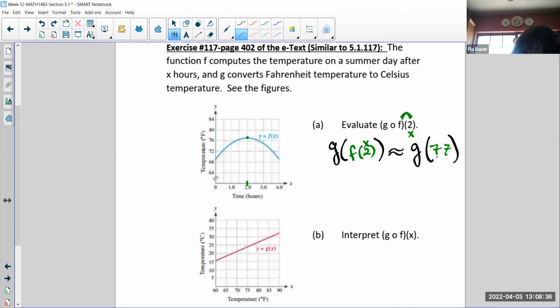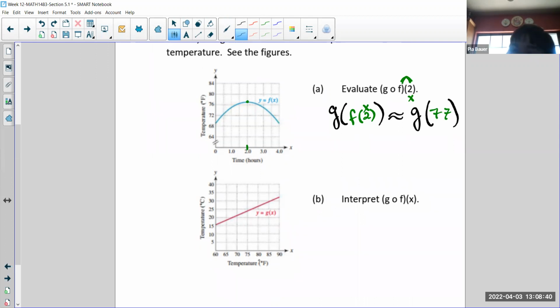Okay, so when I evaluate the second part, I have to look at the second graph. And this is the X value this time, 77. So I go here, and this one, it looks like it's going by increments of 5 units. So about a 77 would be about right here.